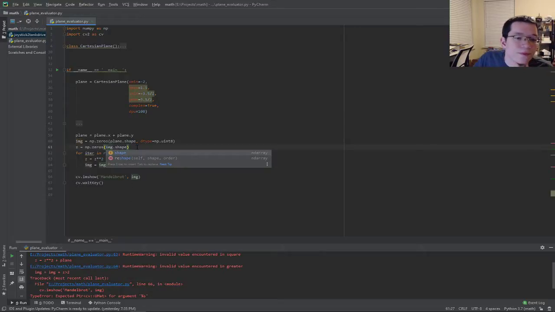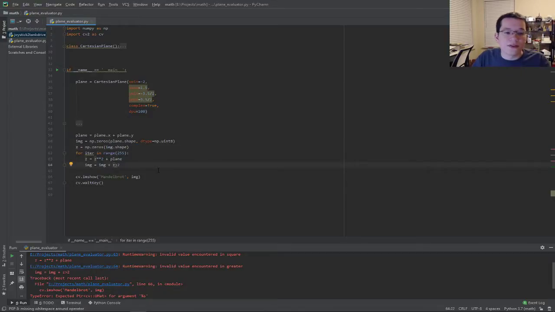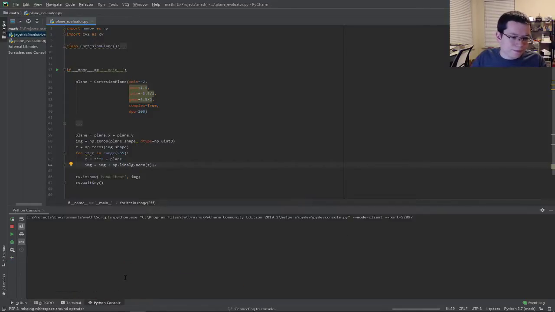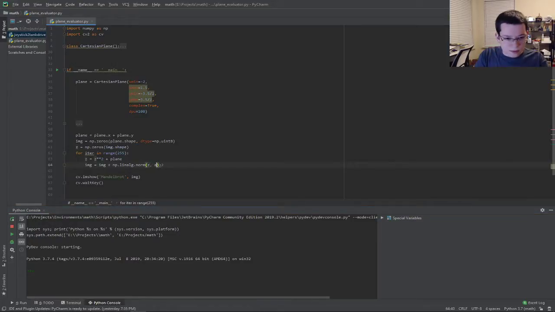Invalid value. Oh, that's because I have to take the magnitude of Z. So np.abs. I think that works. Nope. So I'll do np.linalg.norm of Z greater than 2. That also does not work. What is axis equals, wait, that's why.